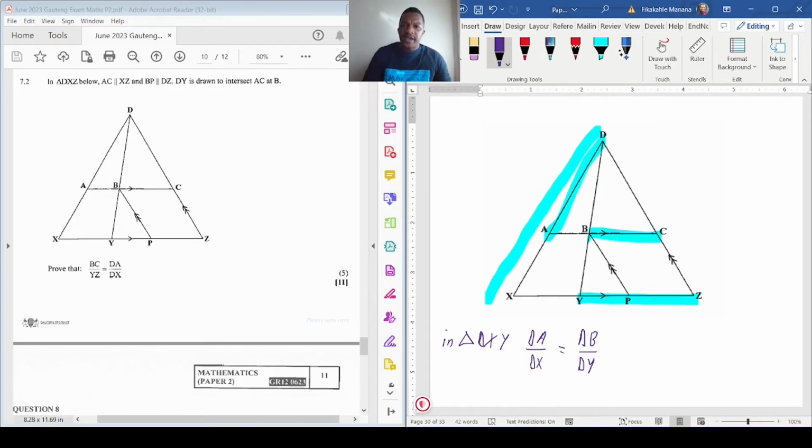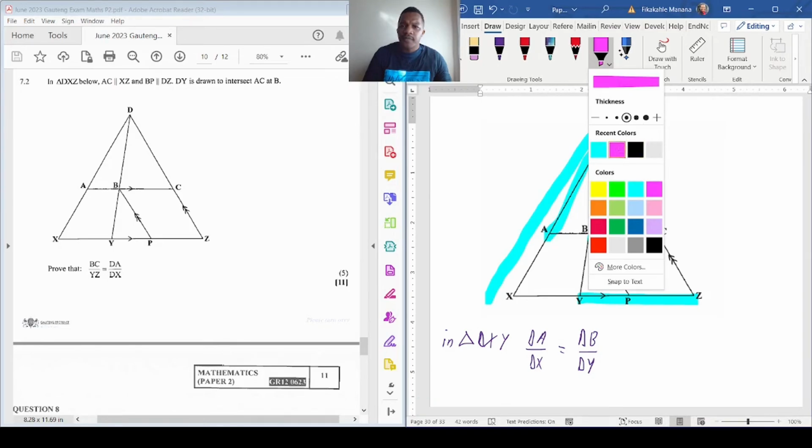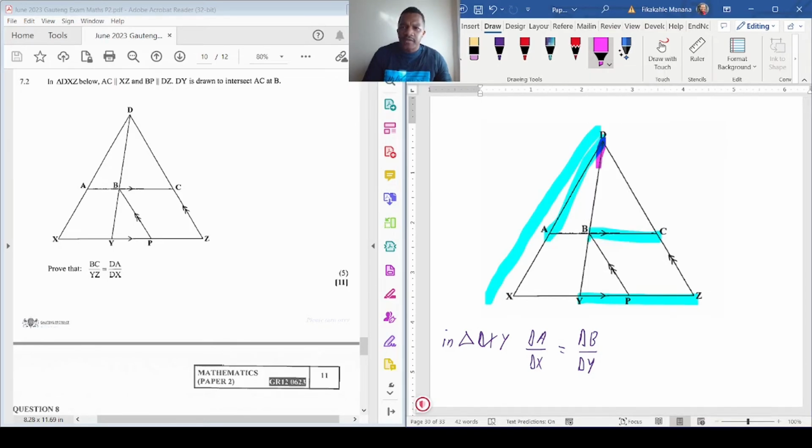So the game plan here, just so that you know, is that if you look at this panel here, dB over dy, that panel is also common on both parallel lines, because, let me rub everything so that it's clear.